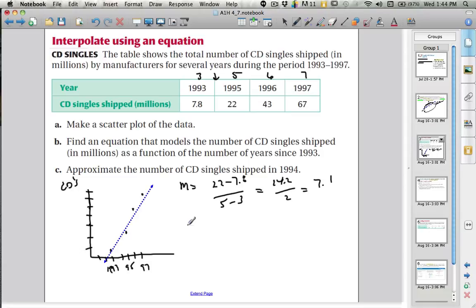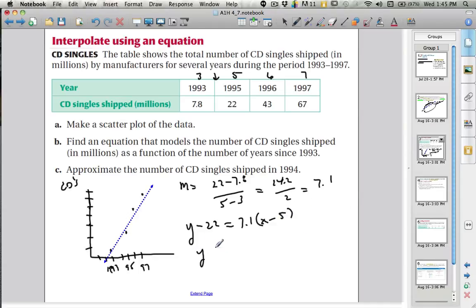If I want to write my equation, I can use y minus 22 is equal to 7.1 times x minus 5.